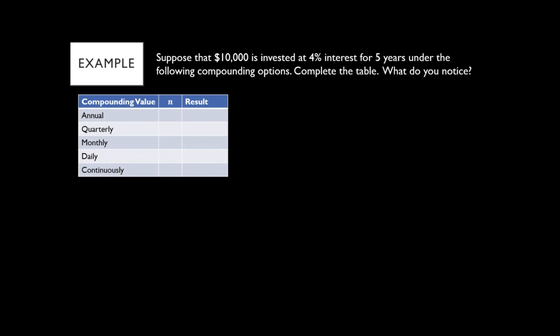Complete the table, and then we're going to say, what do you notice? Like the result, the total money you get at the end, what is the pattern that we're going to notice? So just to fill in n here, annual means n is 1 because you get it 1 time a year. Quarterly is 4 times a year. Monthly is 12.